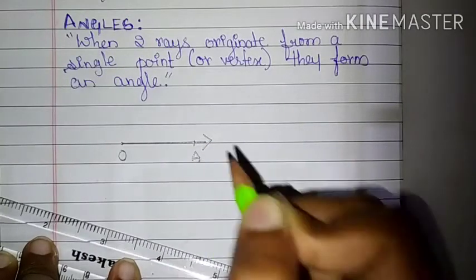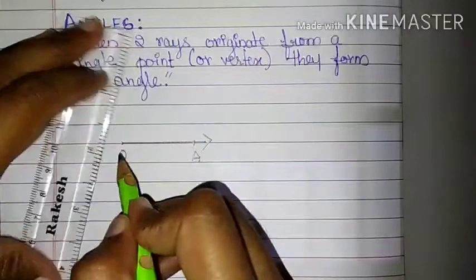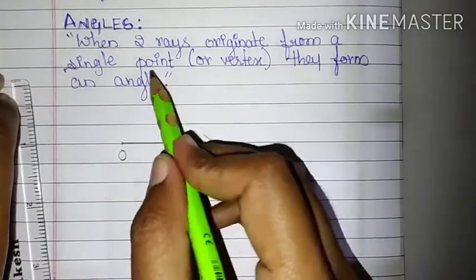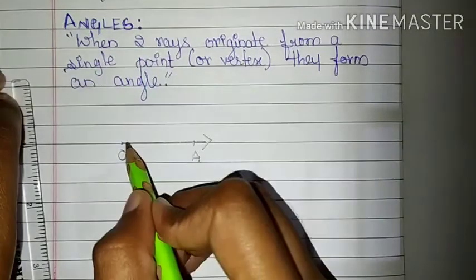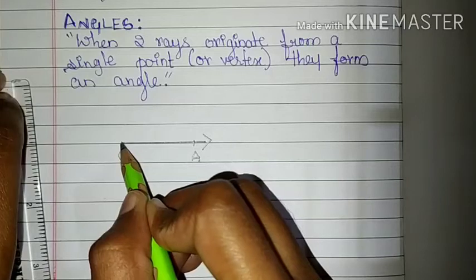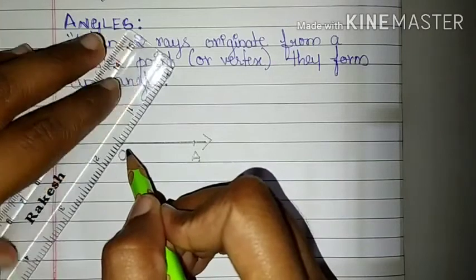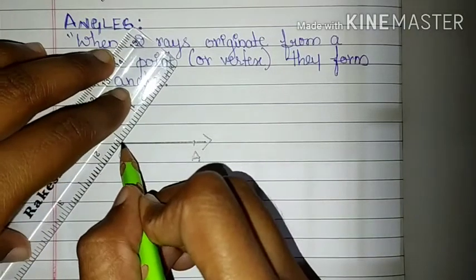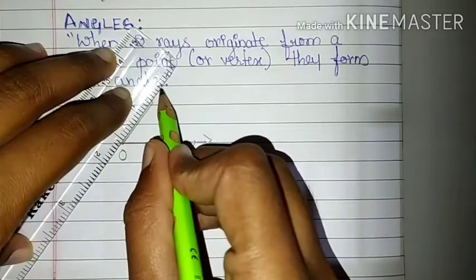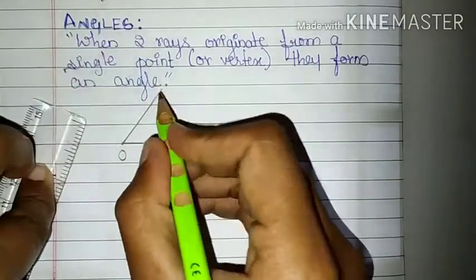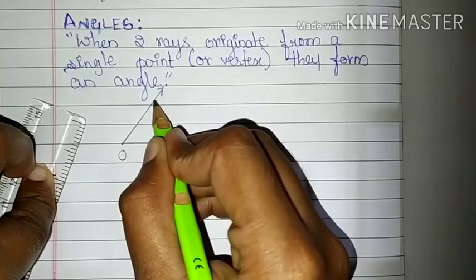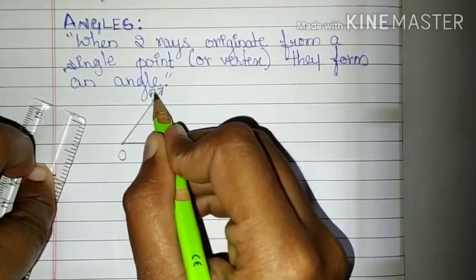This is our first ray, and we should have two rays which originate from the same point. So this is our point. Now another ray should originate from this point itself. So this is our second ray. Say this is ray OB.